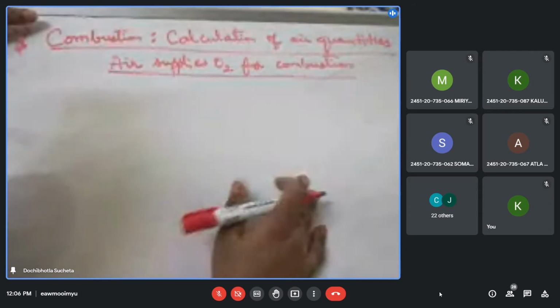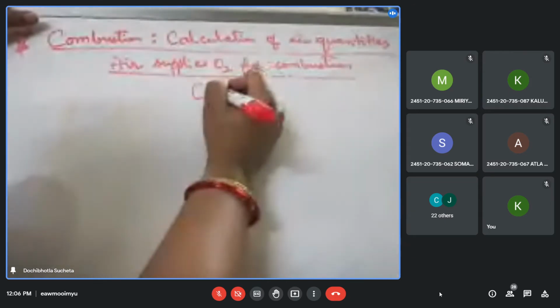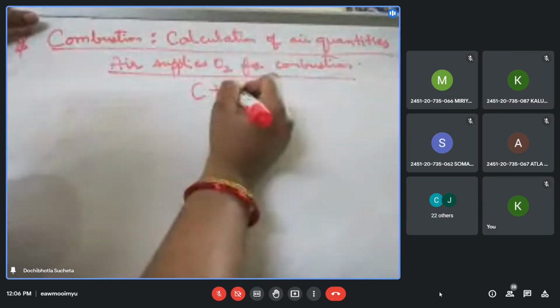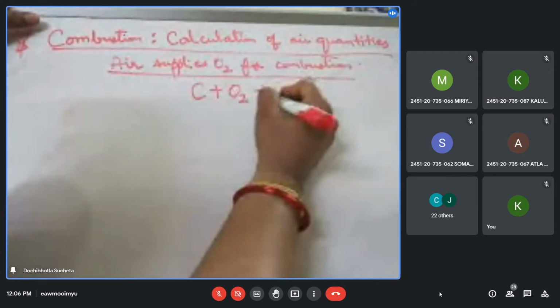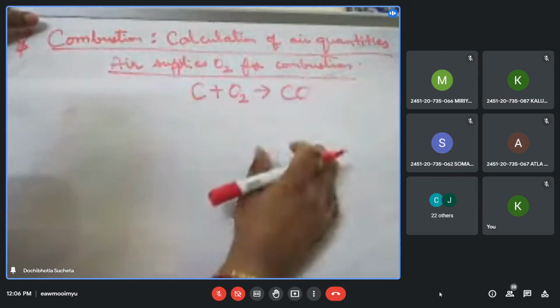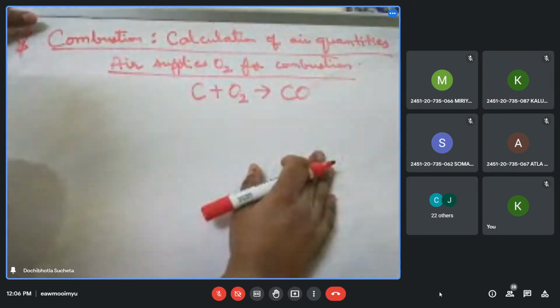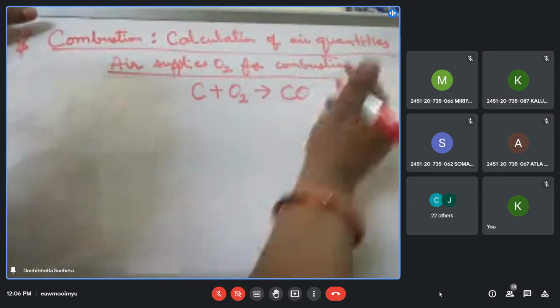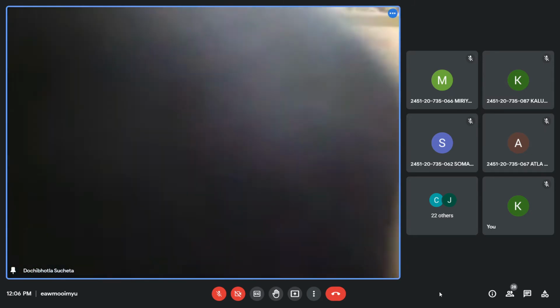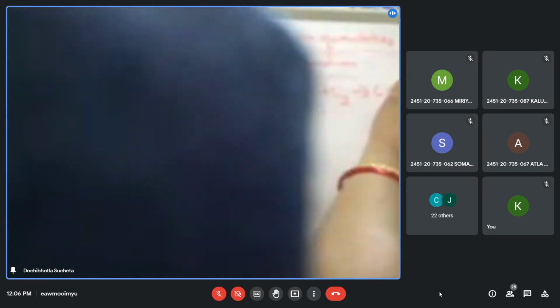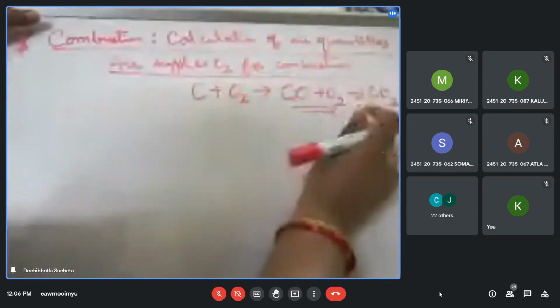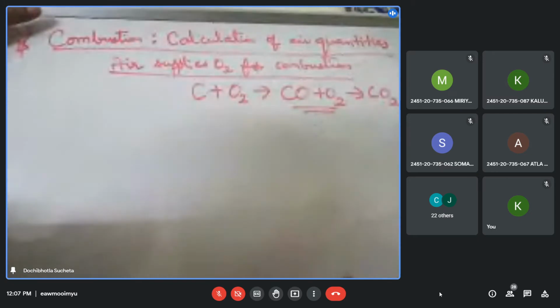If not, what will happen? Carbon, instead of getting converted to carbon dioxide, goes into an intermediate state of carbon monoxide, and this again takes oxygen to form carbon dioxide. Partial or incomplete oxidation decreases the calorific value of the fuel, obviously.